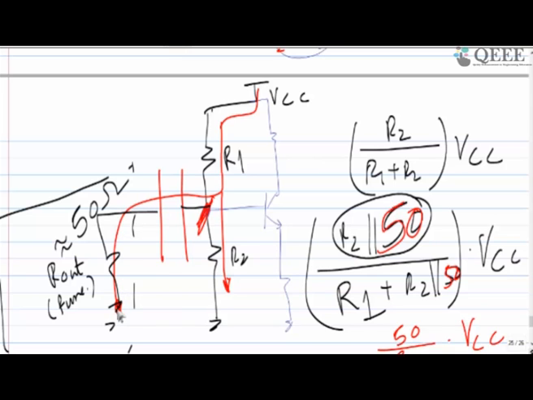If I block that current, I am going to see only R2. There is no DC current going from this side. However, if I add a sine wave from this side, the sine wave can go from here to here. So effectively the voltage available here will be R2 by R1 plus R2 times VCC plus the input voltage which I am applying and which I want to see as an amplified version. So this is what I am expecting.